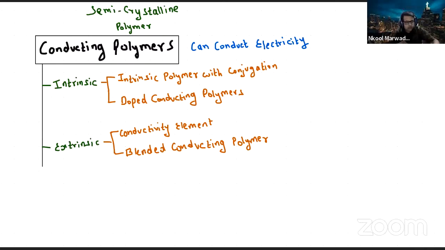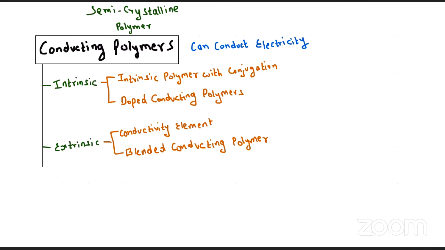Okay, so in extrinsic, we change the physical structure of the polymer itself, because we introduce additional third-party atoms inside it. We make it impure. In intrinsic, we don't change the structure.